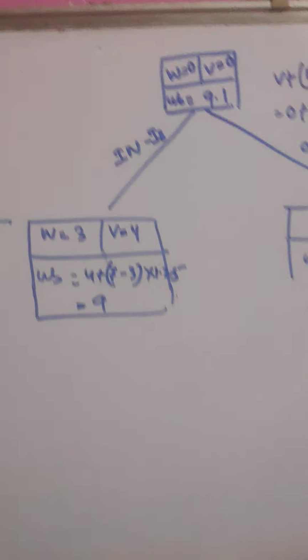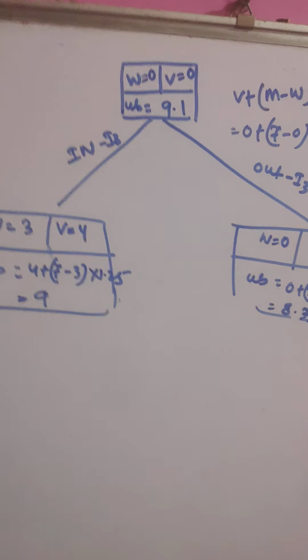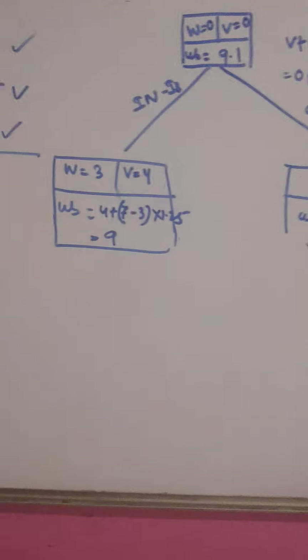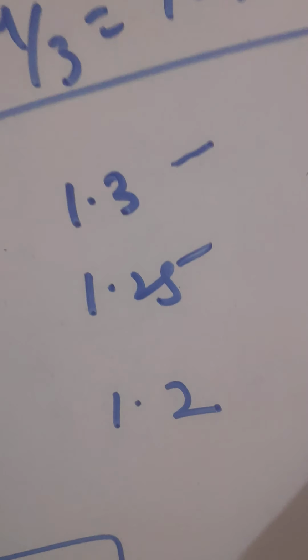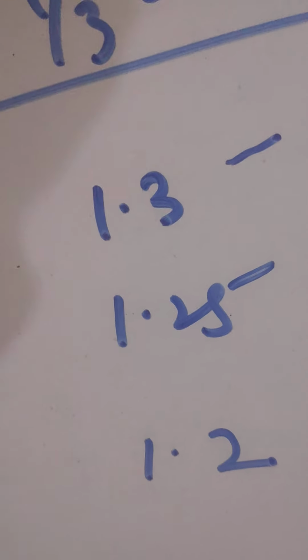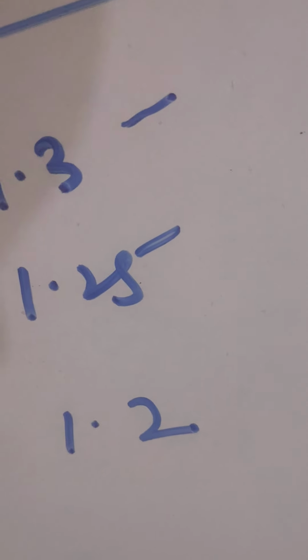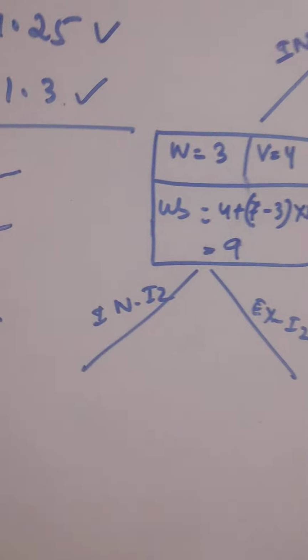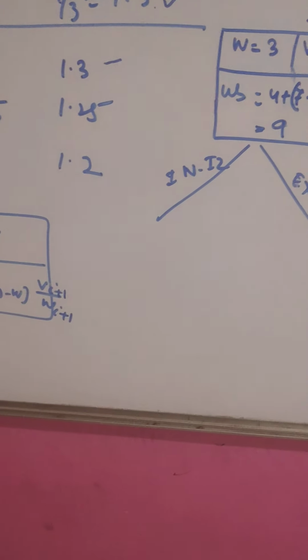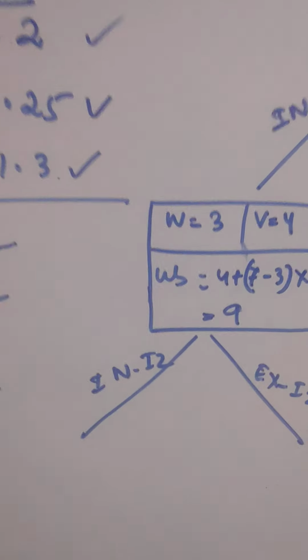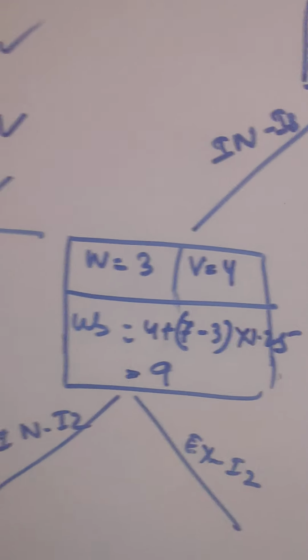Next, remember, this is how you have to solve the problem during exam time. Next, inclusion of I2 and exclusion of I2. So initially weight is 3, V was 4.